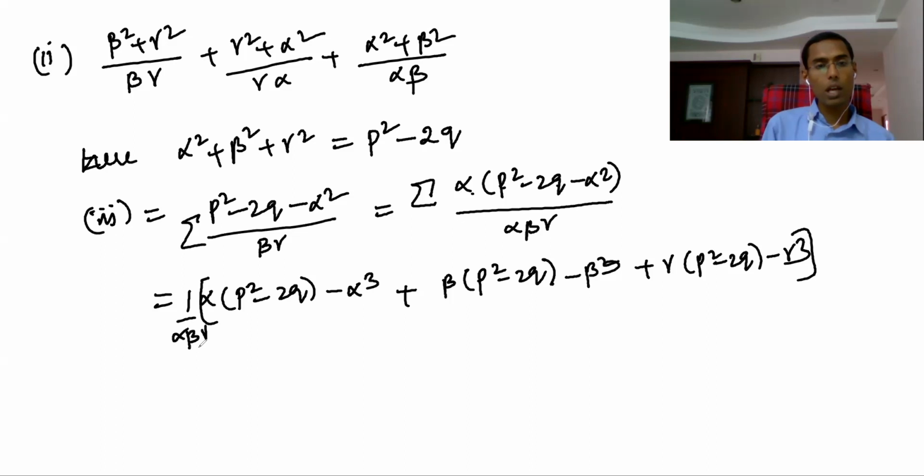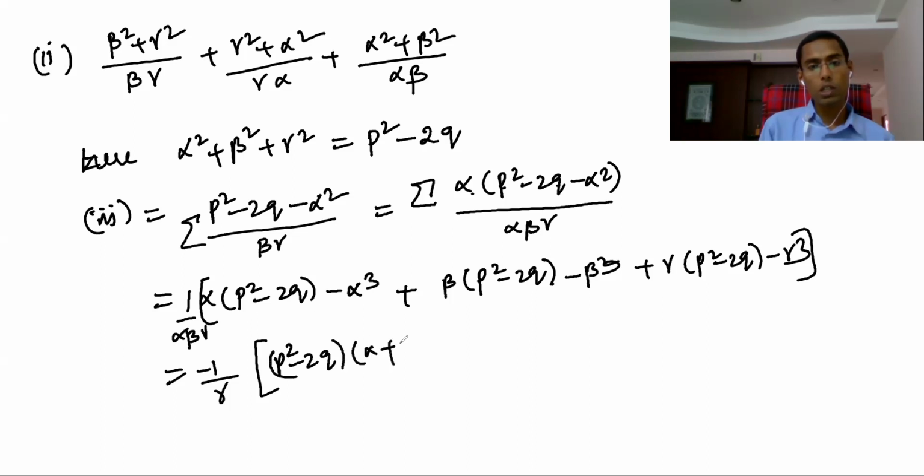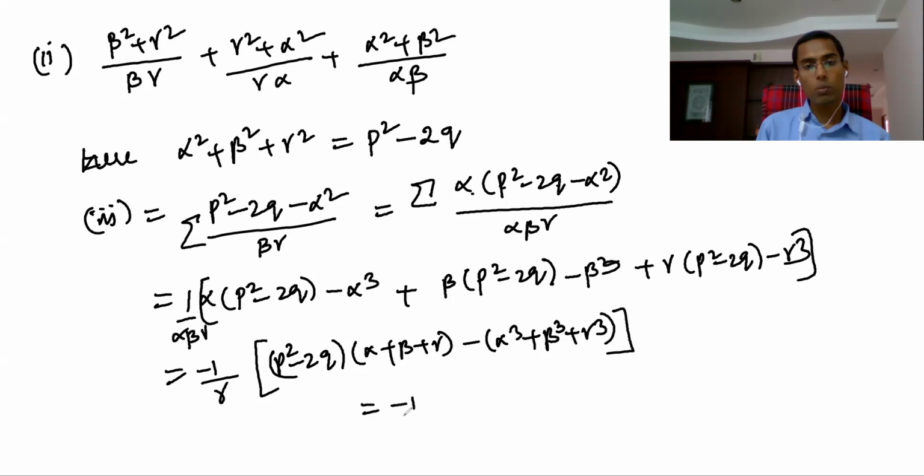Alpha beta gamma is minus r. Now if you take p square minus 2q common, you have alpha plus beta plus gamma, minus alpha cube plus beta cube plus gamma cube. So simplify: minus 1 by r into p square minus 2q times alpha plus beta plus gamma, which is minus p, minus the sum of cubes, which you have to find.